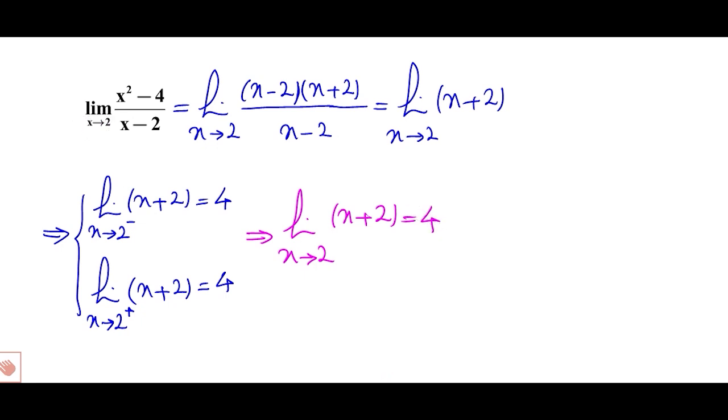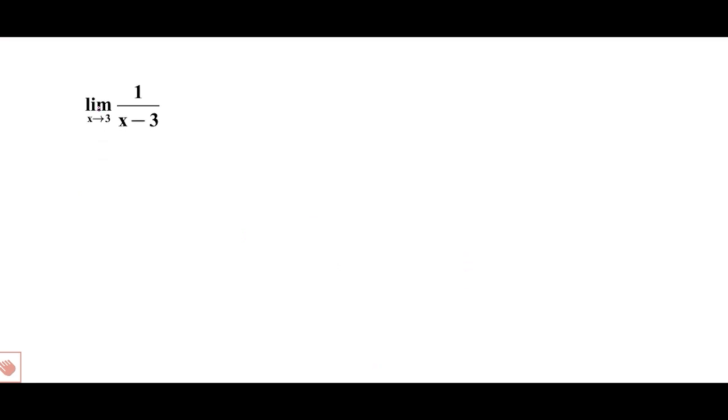Okay? Let's go another example. What is the value of the limit of 1 over x minus 3 as x approaches 3? This is a rational function, but notice when x is equal 3 makes denominator 0.